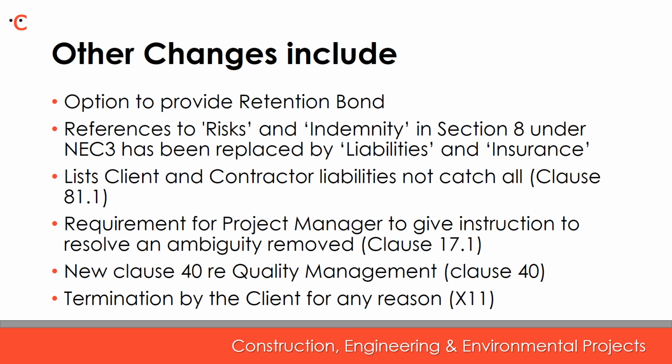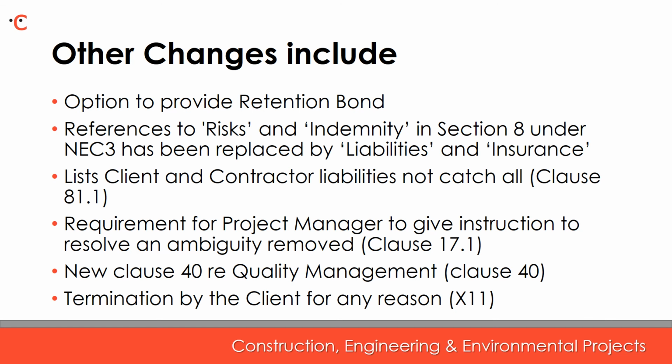Clause 17.1, which deals with how to resolve ambiguities or inconsistencies, has also changed, so it now requires that the project manager should state how the ambiguity or inconsistency should be resolved, rather than instruct it. This may cause conflict because the project manager can wriggle his way out of instructing a decision, as it gives him total power to state how the ambiguity is to be resolved rather than to instruct.